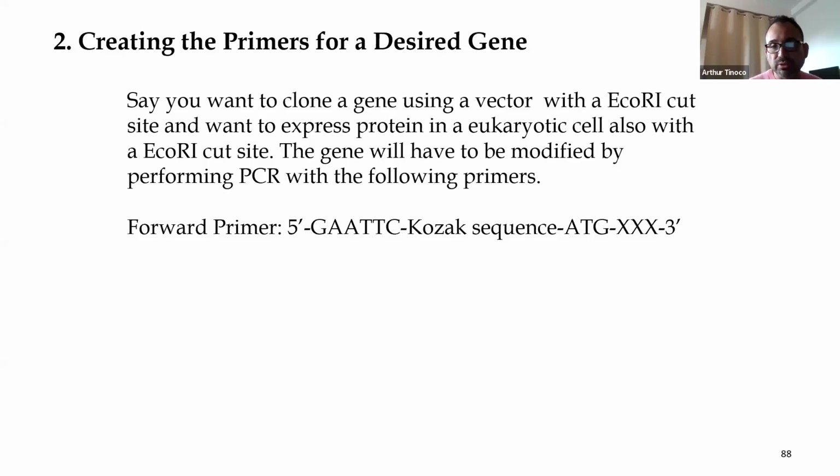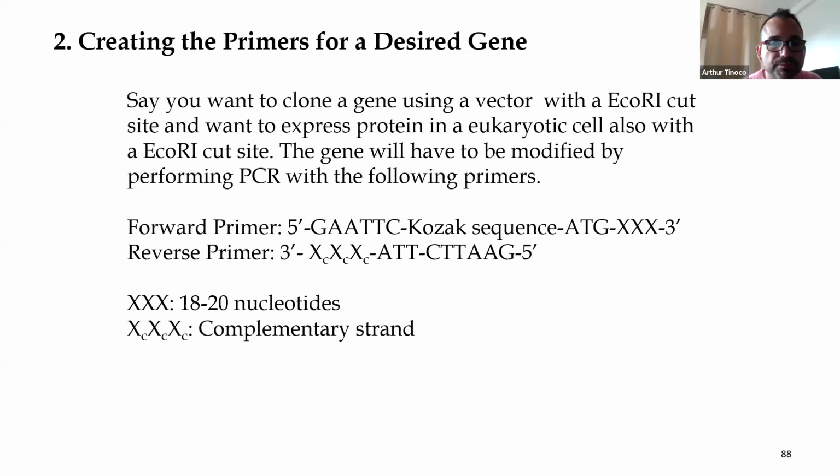For us to do so, we will use a primer that includes this particular sequence here. So we have a 5' GAA TTC Kozak sequence ATC ATG subsequent nucleotides 3'. So we're basically going to have this forward primer that's going to facilitate what we're trying to introduce into the protein that we're going to express.